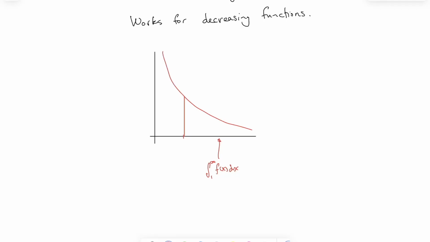And you could also draw the Riemann sum using just the whole number endpoints. This Riemann sum here, continuing like that, right? Etc. This also goes on forever. But since the function is decreasing, these blocks get smaller and smaller as you go across.